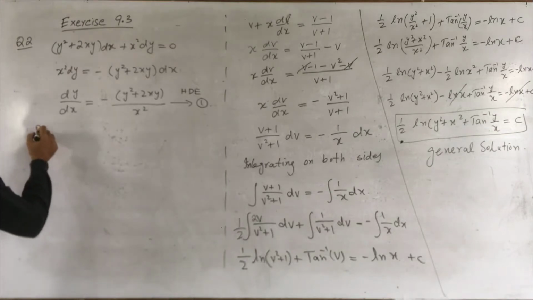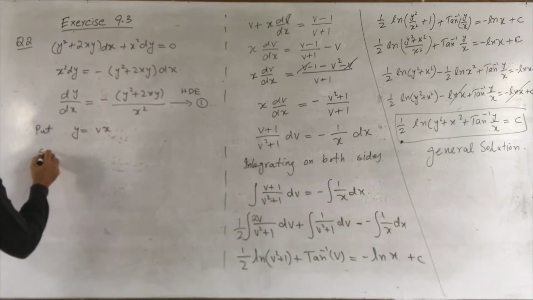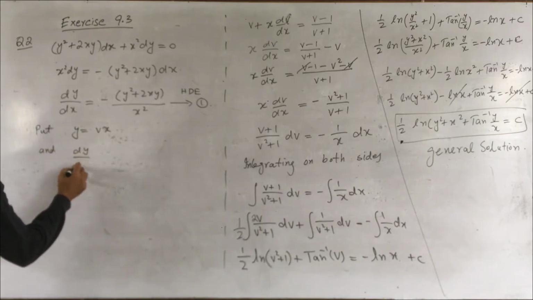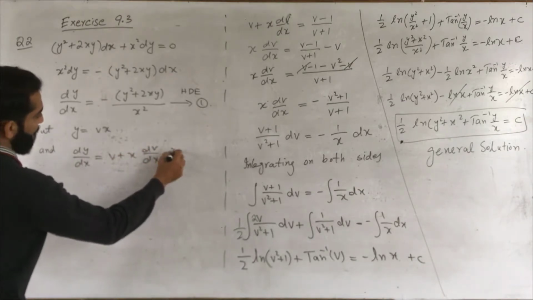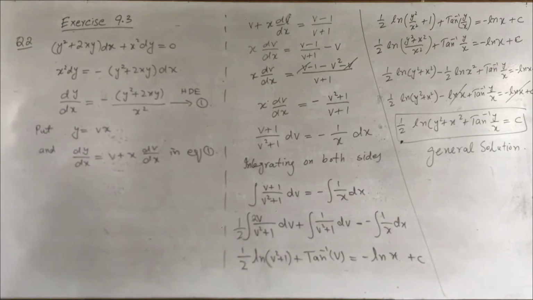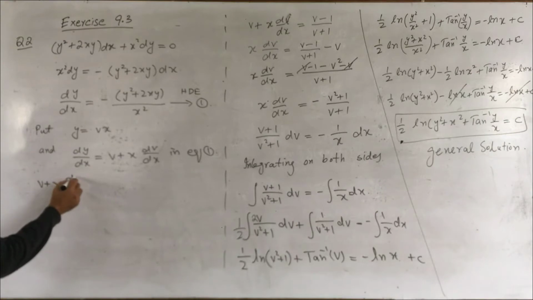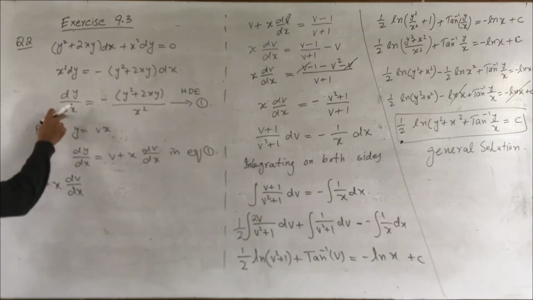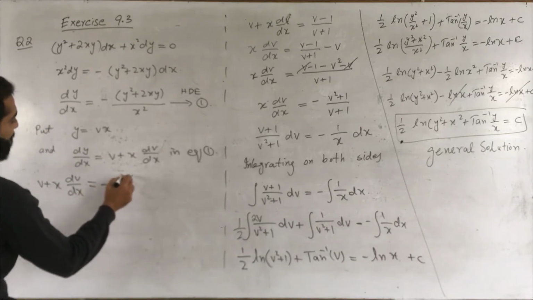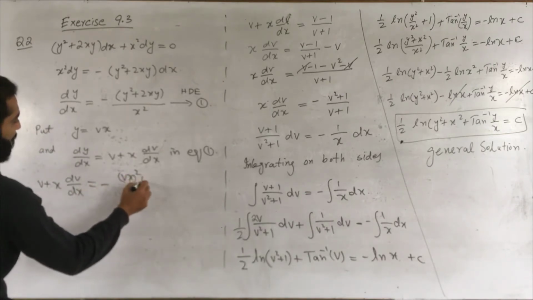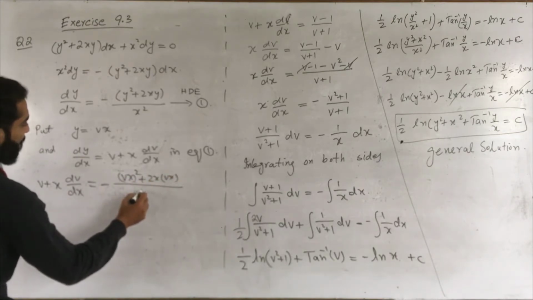Now put y is equal to vx and dy over dx is equal to v plus x dv over dx in equation number 1. Put v plus x dv over dx in the place of dy over dx, and vx in the place of y: v plus x dv over dx is equal to minus (v square x square plus 2x into vx) divided by x square.